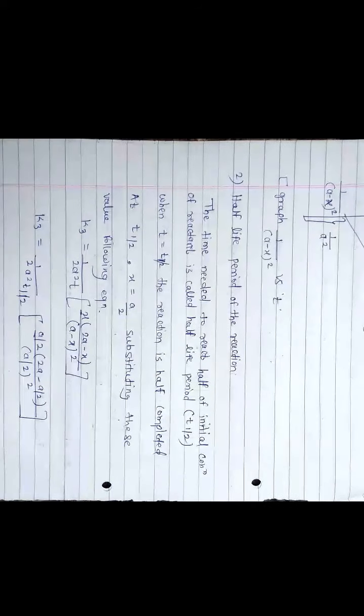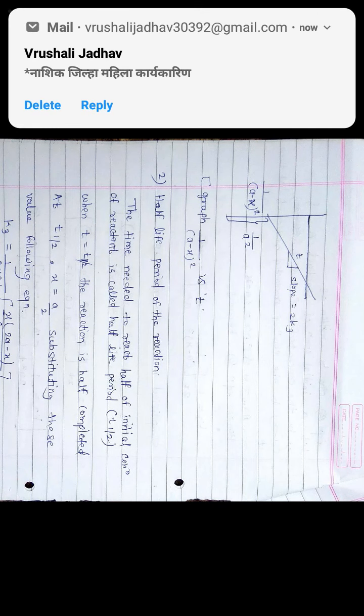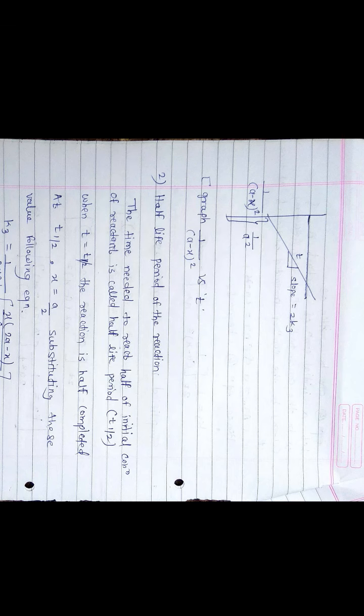This is equation number 4. Now the graph of this equation: graph of 1 upon (a minus x) squared versus time t. You know this. The intercept is 1 upon a squared. Slope is equal to 2 K3.